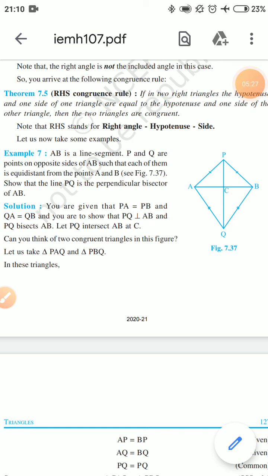So we can say that AP is equal to BP, and AQ is equal to BQ. So what we have to prove is, show that the line PQ is the perpendicular bisector of AB.